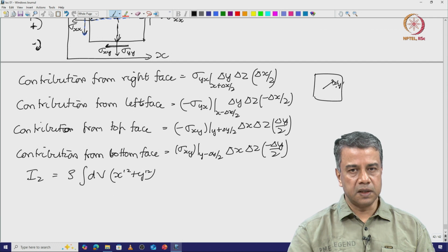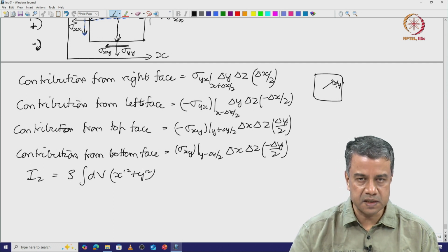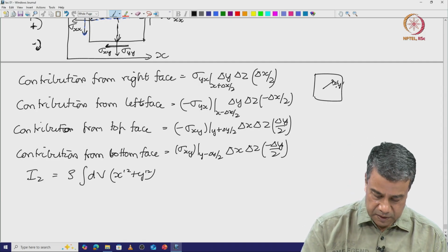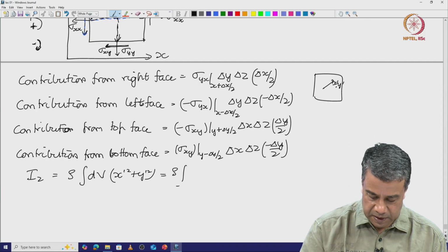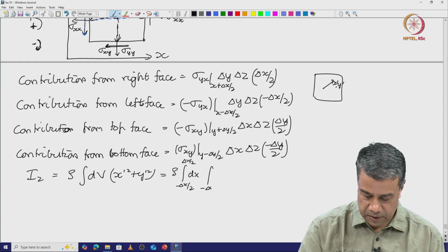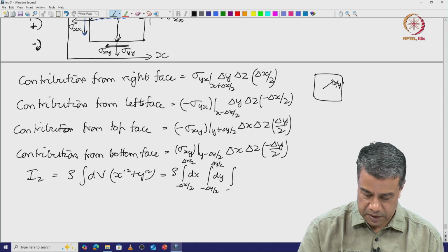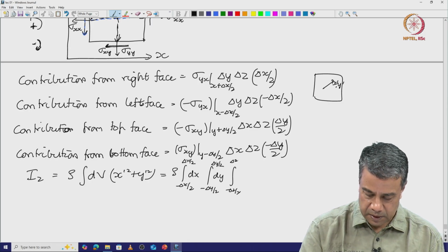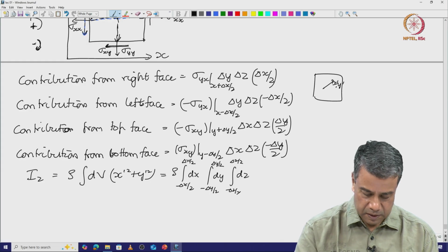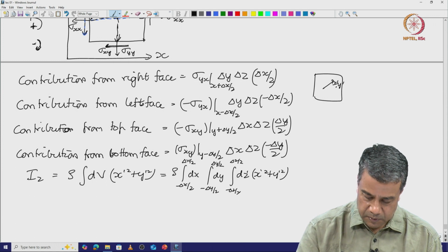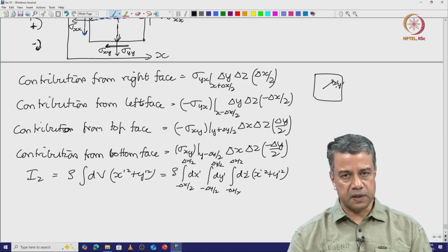So, the moment of inertia is the distance from the center squared, integrated over the entire volume. I can write this as rho times the integral from minus delta x by 2 to delta x by 2 dx, integral from minus delta y by 2 to delta y by 2 dy, and integral from minus delta z by 2 to delta z by 2 dz of x prime square plus y prime square, and I should put primes here because I am integrating over this particular volume.